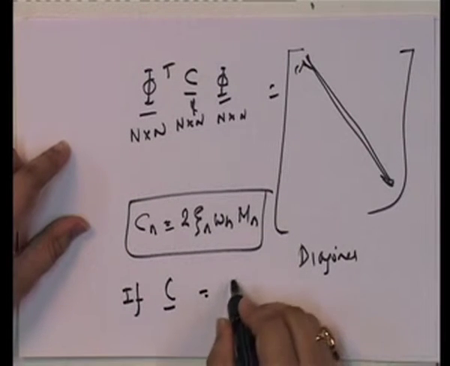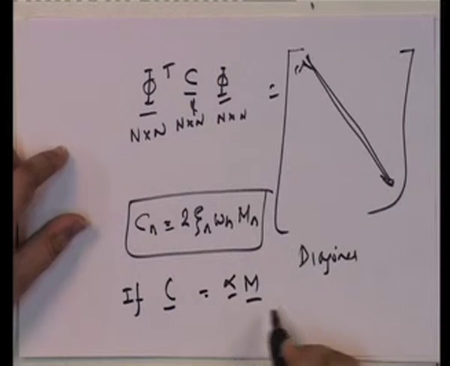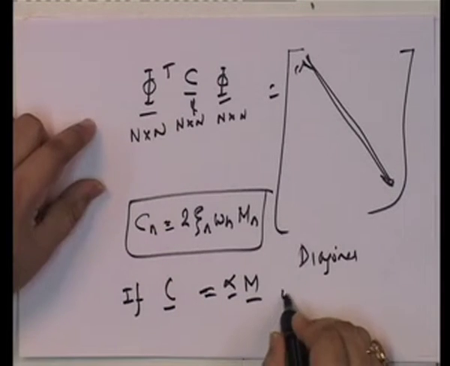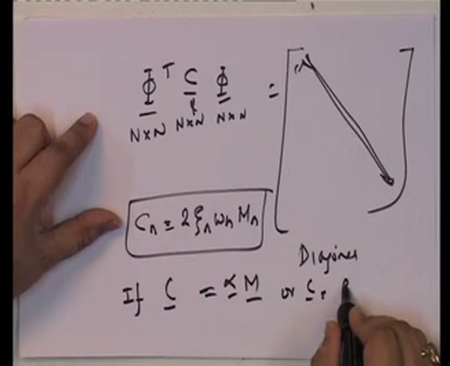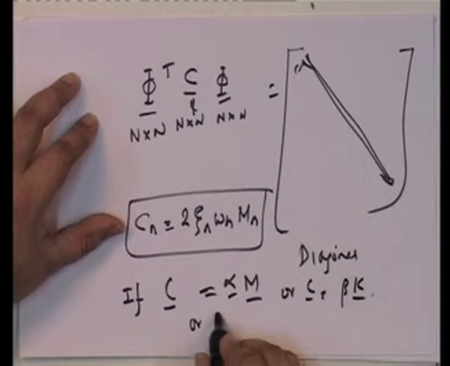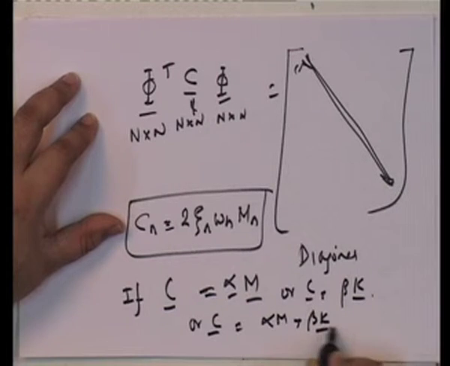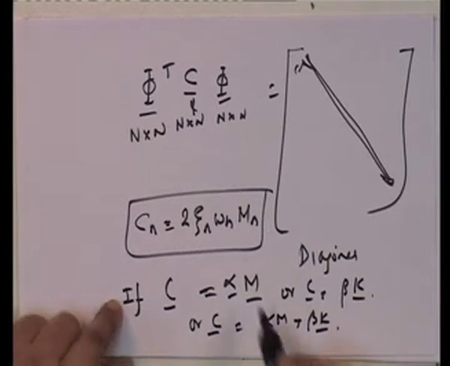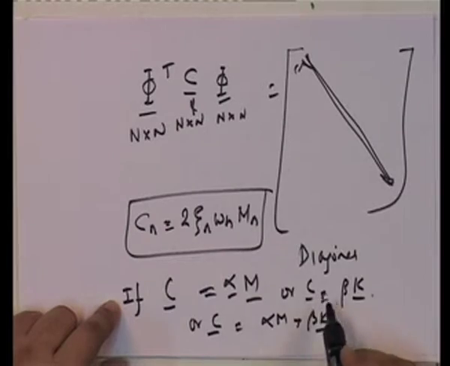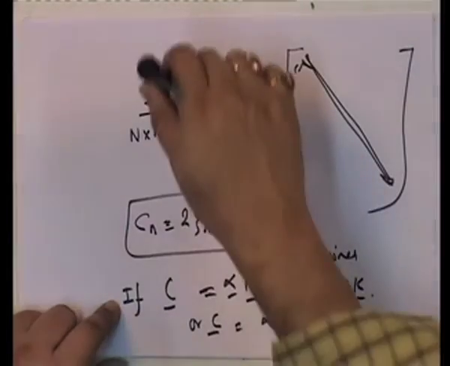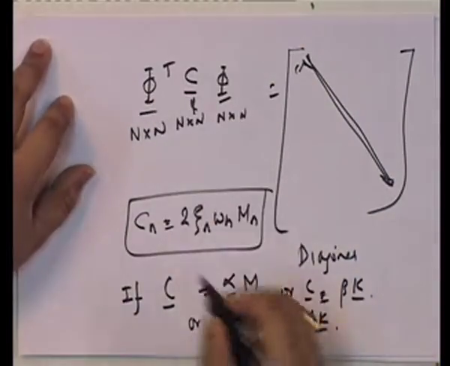C is of the form this, or C is equal to this, or C is equal to this plus this, since M and K are diagonal, so therefore, let us see what happens if I substitute this in.